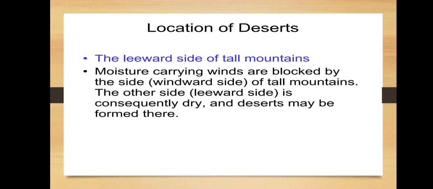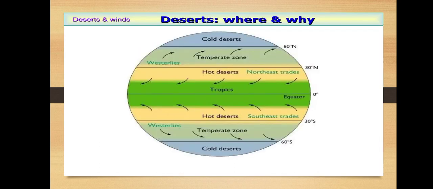We also have the location of deserts on the leeward side of tall mountains. Moisture-carrying winds are blocked by the windward side of tall mountains. The other side, the leeward side, is consequently dry and deserts may be formed there. So we have here deserts, where and why.